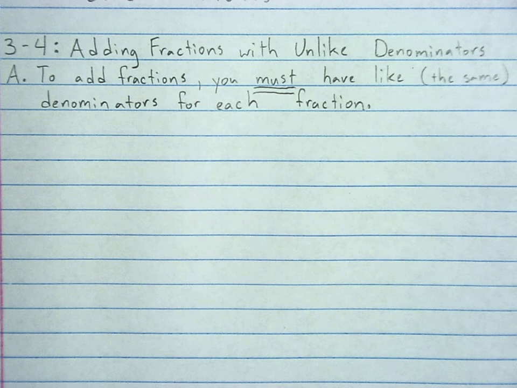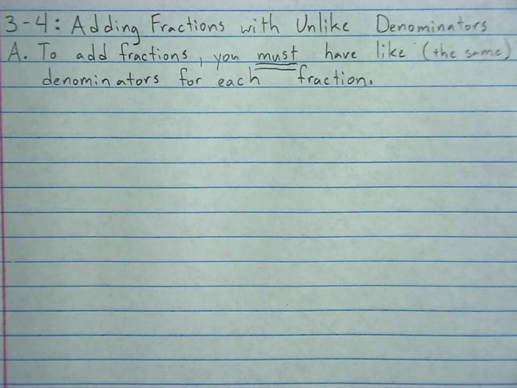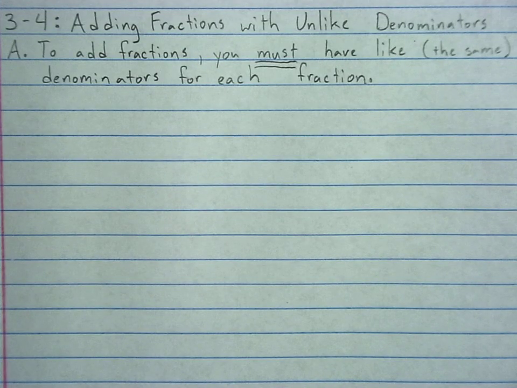Each fraction that you're adding together has to have the same denominator. If their denominators are different, if they are unlike to begin, then we're going to have to fix them. Remember, you cannot compare apples to oranges. You cannot combine thirds and fourths. You'll see that in a minute.